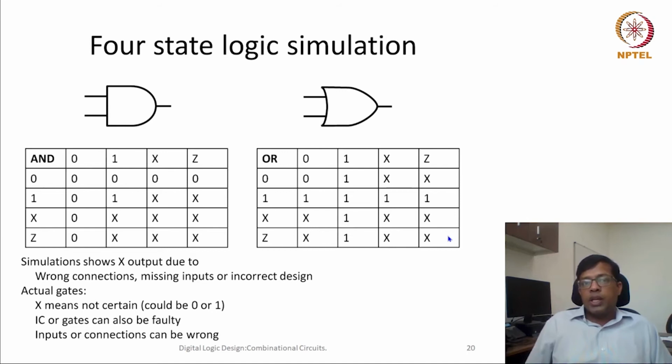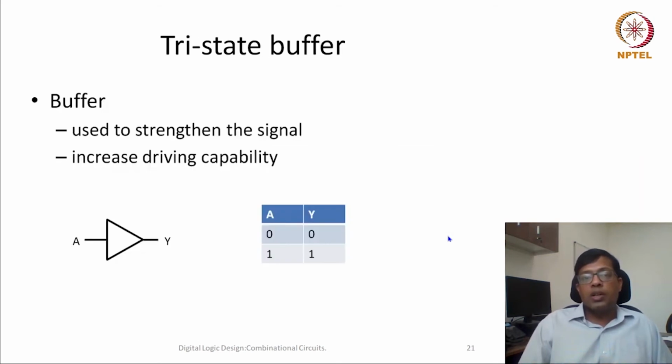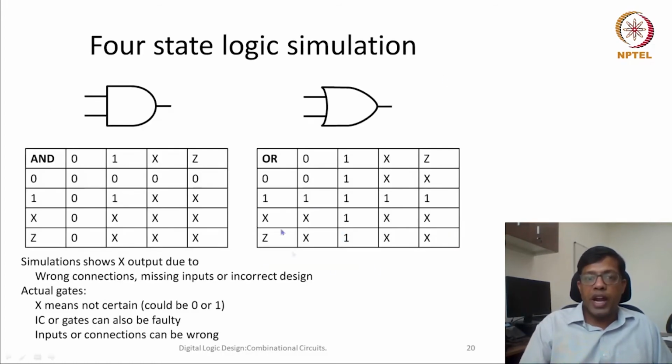So there has to be some systematic method. One of the methods we discussed in our previous class is the multiplexer. In multiplexing, some control will decide which one to take. But there is another method also which is possible, which is called the tri-state buffer. If you see our AND or OR gate, take Z as one of the inputs while the other input is clear that it is 0.